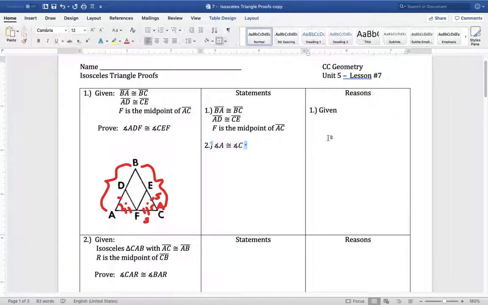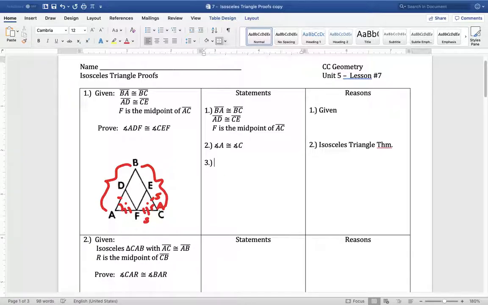And the reason for that came from the fact that this triangle we knew is isosceles because of the two congruent sides. So this would just be isosceles triangle theorem. So that's what you would put when you know that these two angles would be congruent based on the fact that the sides of the larger triangle were congruent.